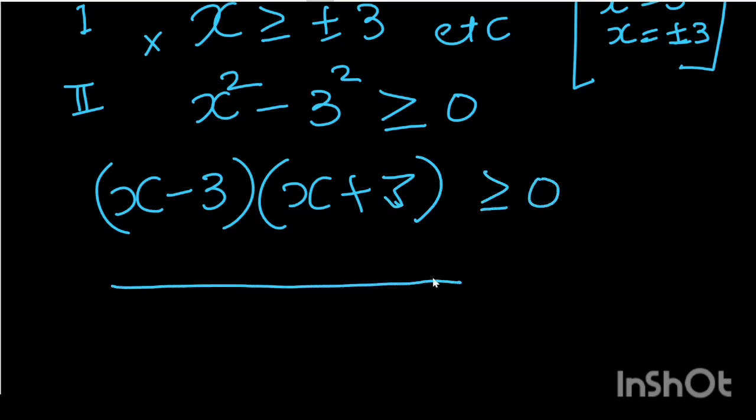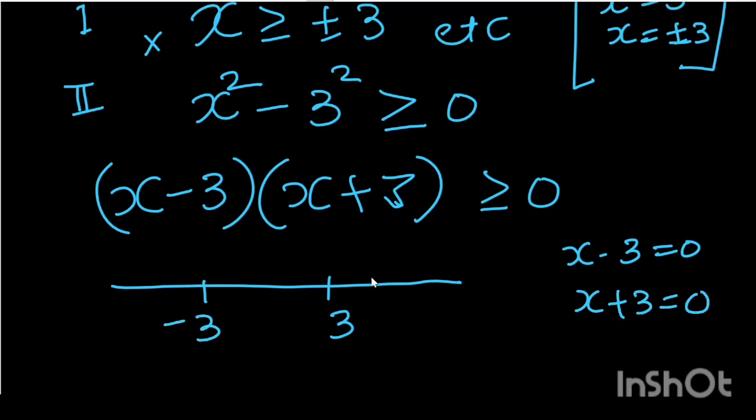Then again plotting the points at which each linear factor vanishes: x minus 3 is 0 at x equals 3, and x plus 3 is 0 at x equals minus 3, again using the concept of sign plus minus plus. Now since it is asking for greater than, it means it is asking for plus, so we will take plus. So this would be our answer: minus infinity to minus 3, union 3 to plus infinity.